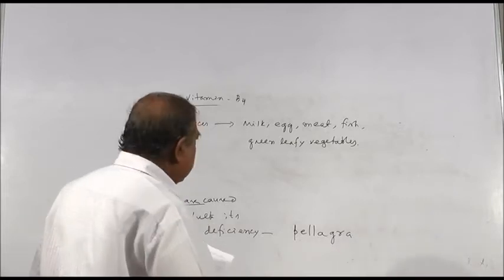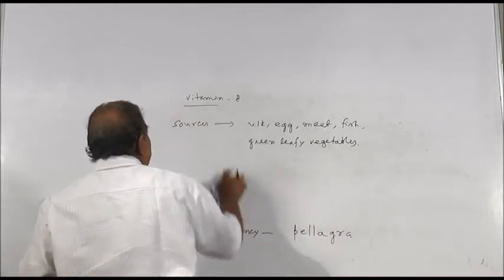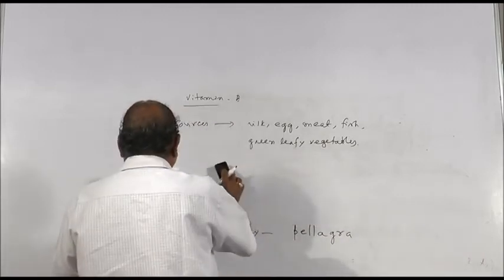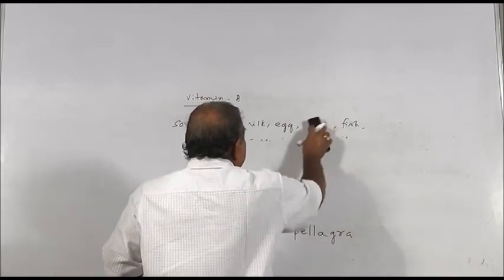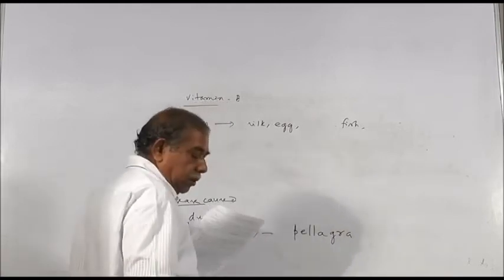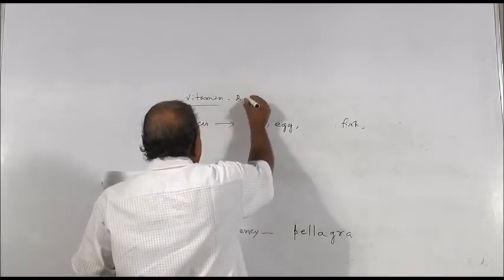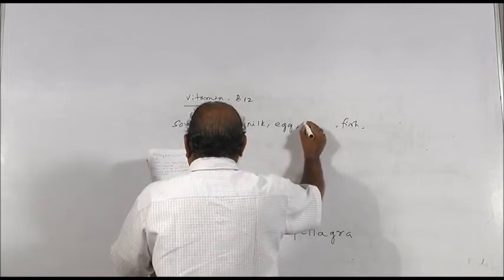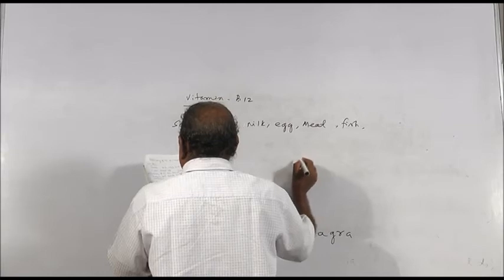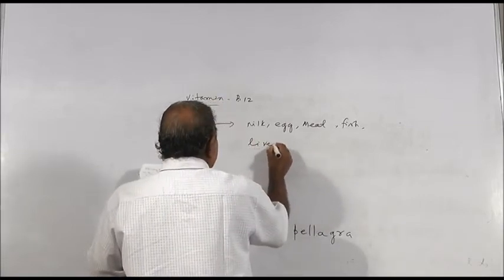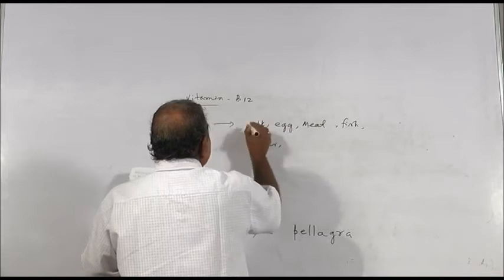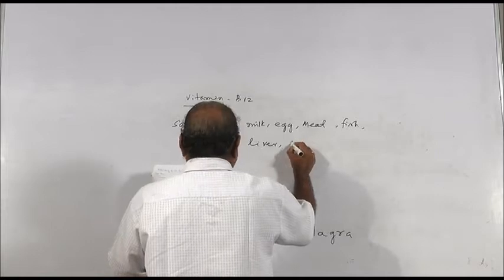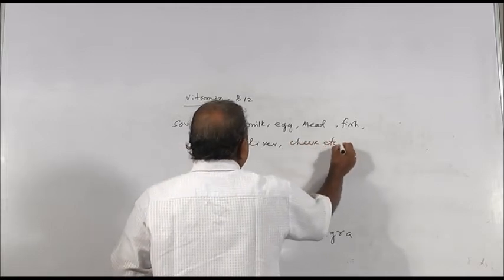Next is vitamin B12. The sources are: you can get vitamin B12 from milk, egg, fish, meat, liver, cheese, etc. These are the different sources.